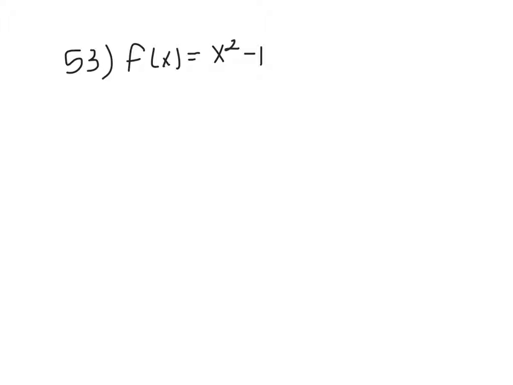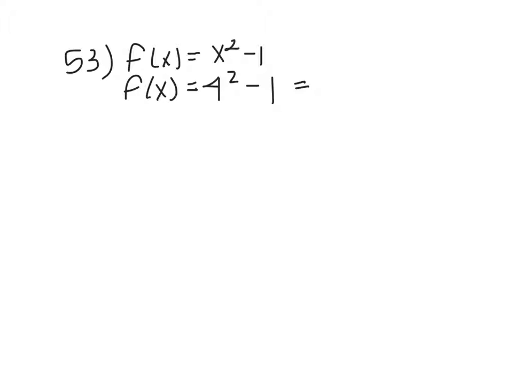So if I plug in a 4, f of x equals 4 squared minus 1. What is 4 times 4? I think you know that. Subtract 1 from that number, that's your answer.